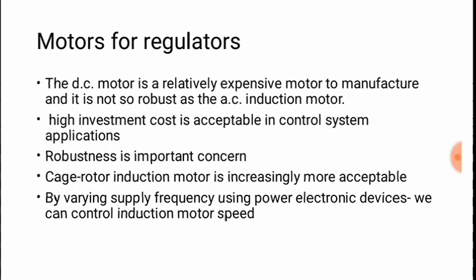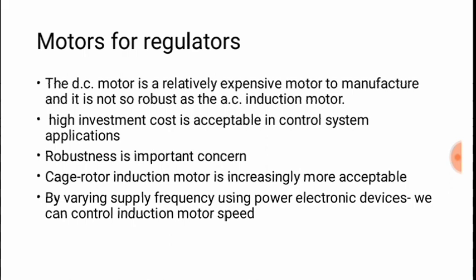But what is the problem with a DC motor? It is relatively very expensive. We know that in a DC motor there are a number of parts. It has a commutator and there are brushes and an armature, etc. So for manufacturing a DC motor we have to spend more money.